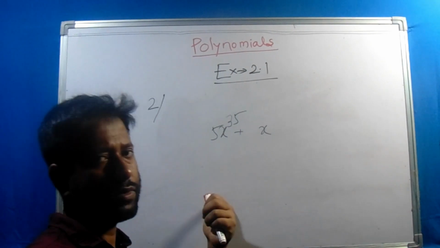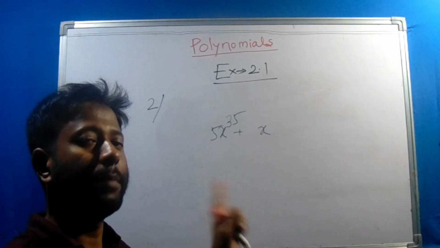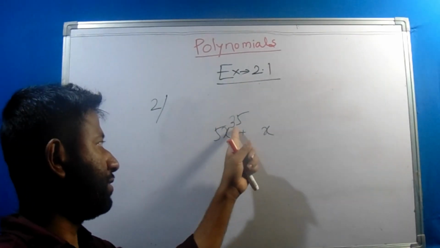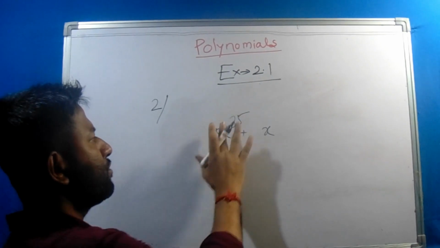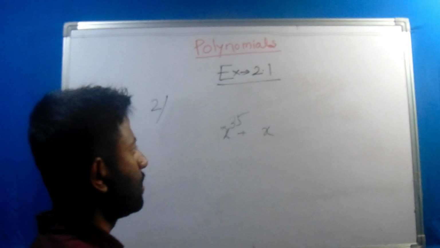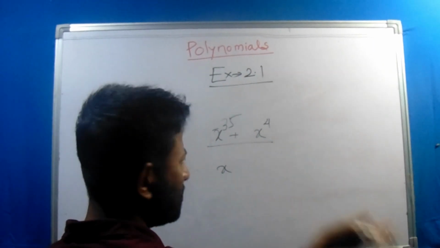You can write this one, otherwise you can leave it out. You should remember that there should be two terms because they mentioned this is a binomial, and along with that they mention the degree, which is 35. So along with that I mentioned this one. If you remove this one, then also it's okay. But if you put this one, it is also not wrong. So this may be 1, or you can put 4, 5, anything, any constant term you can put.